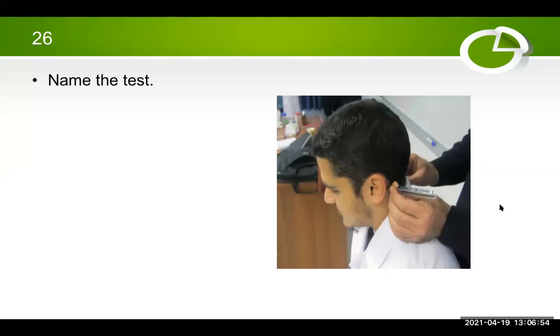Sir, it is done usually to evaluate hearing loss in one ear, to check bone conduction versus air conduction. Absolutely. Both of you are telling it correctly. Rinne test is done to check whether air conduction is still better than bone conduction or not.